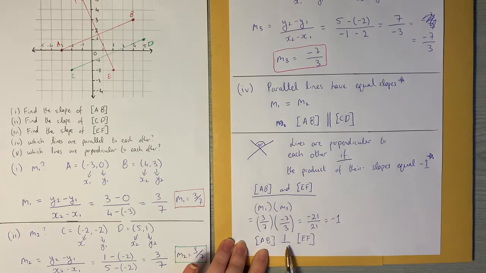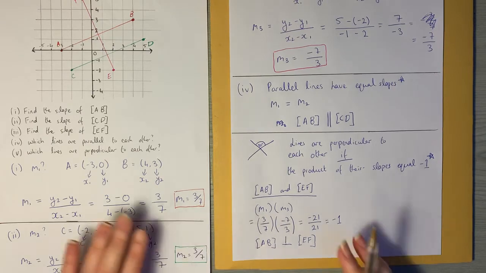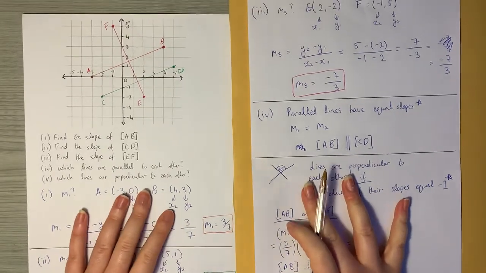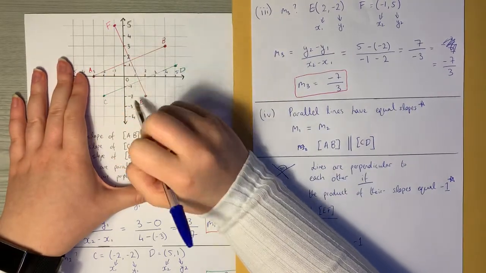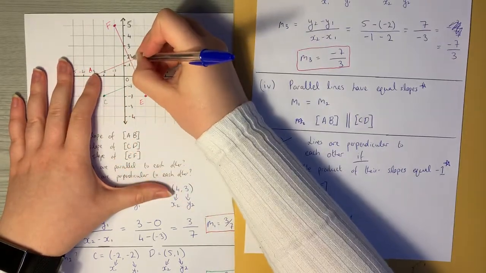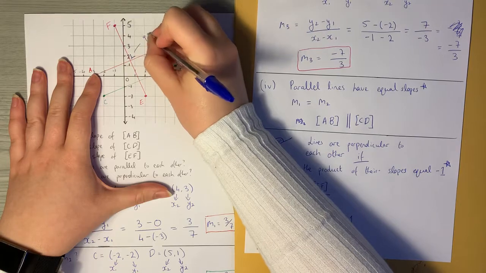That little symbol down there, that's the notation for perpendicular. So it means that if we have a look back at this diagram, up here, where AB and EF cross, that angle there, that's 90 degrees.